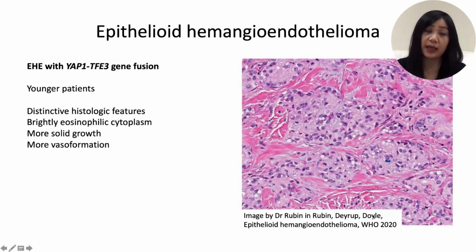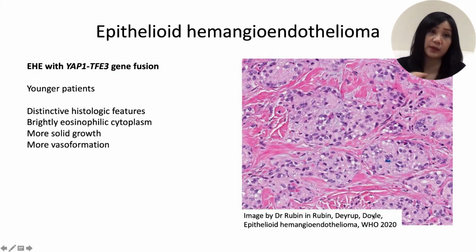So we see an example here of YAP1-TFE3 gene-fused epithelioid hemangioendothelioma. And these have variable morphology, but two things to note are that these have been associated with a more solid growth pattern with these nests of cells with brightly eosinophilic cytoplasm.